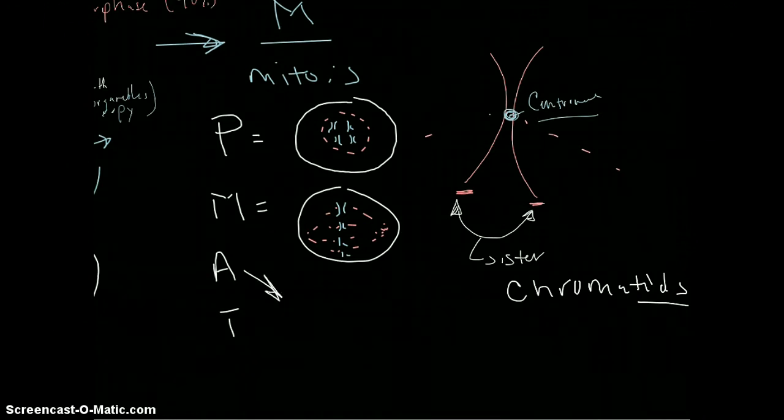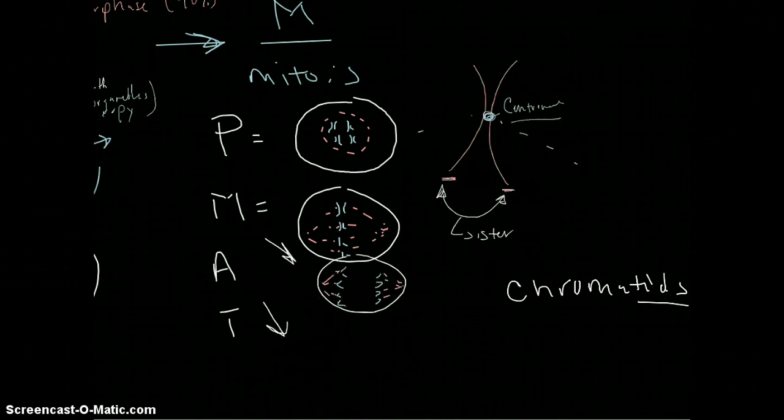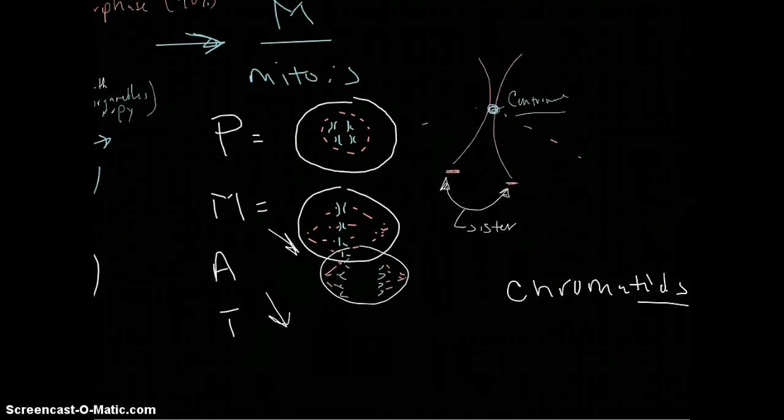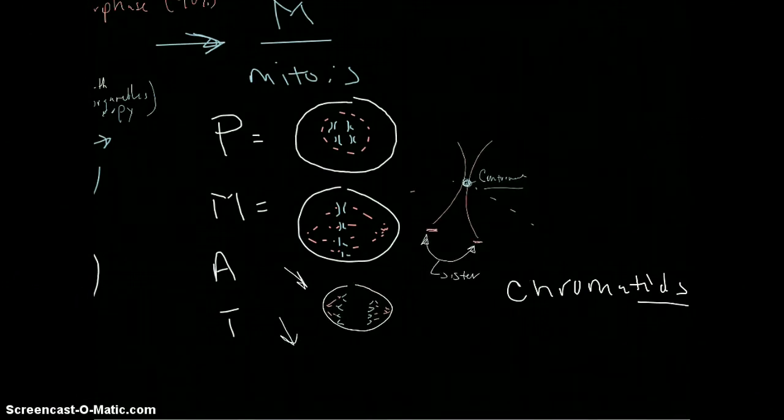Move our way into the next phase, anaphase. We have our cell. In our cell, we have this X that's now been pulled apart by either side of the pole. And then finally, we start to see telophase, where we get into two.